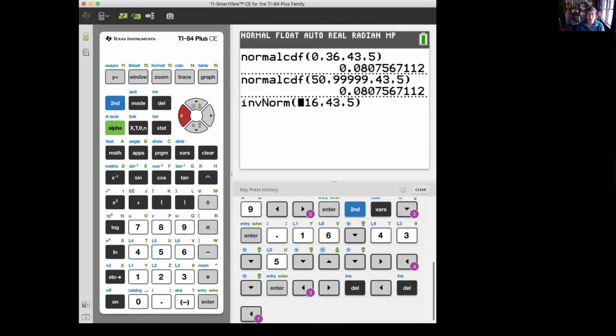You're going to have to enter this in manually and do 0.16, comma, 43, comma, 5, just like you had to if you would have had to enter in the normal CDF manually. And I'm going to press enter, and I get 38. If you put in right, you would find that reflection area, basically like we did in 8 and 9. You would find the top 16% instead of the bottom 16%.